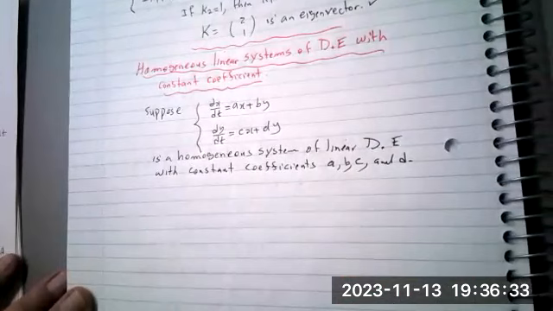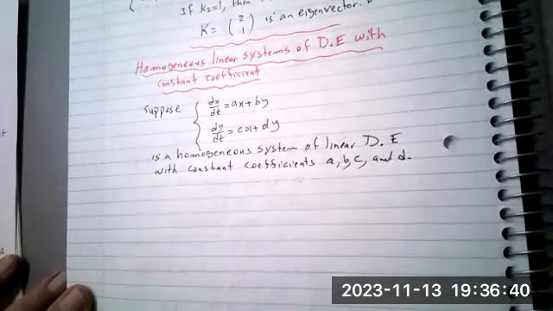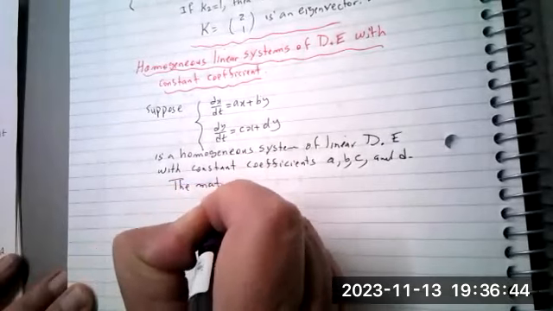Change the system into the matrix form. We already talked about it, so we can do it quickly.